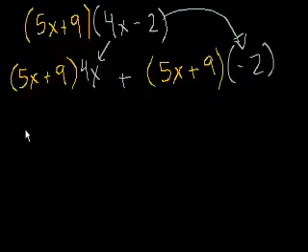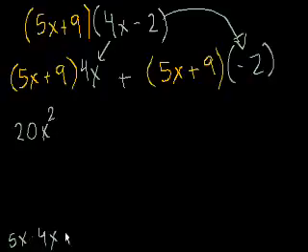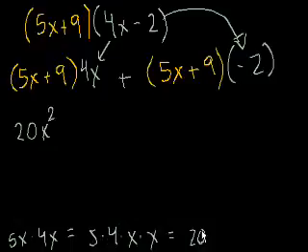5x times 4x is 20x squared. Hope that makes sense to you. 5x times 4x is the same thing as 5 times 4 times x squared, and that equals 20x squared.